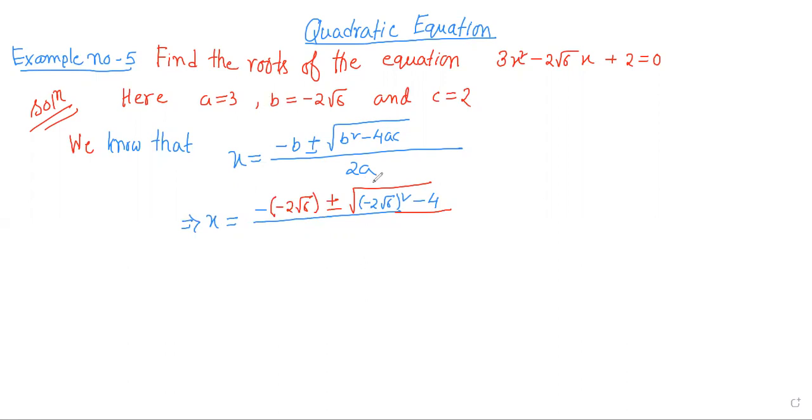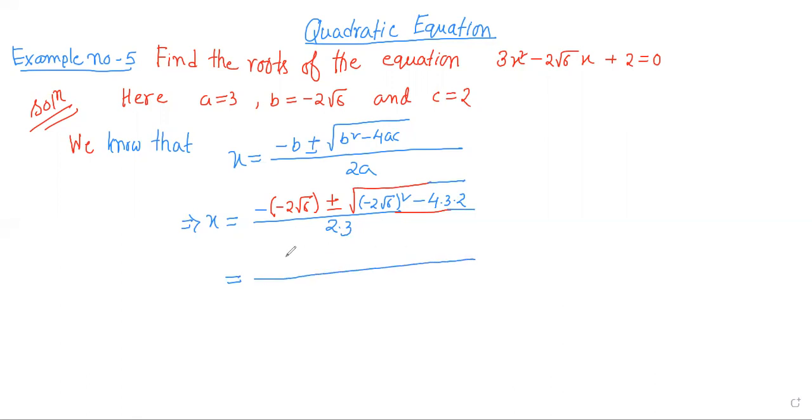What is the value of a? Is 3. 4 into 3. What is the value of c? Is 2. 4 into 3 into 2 divided by 2 into a. What is the value of a? It is 3. So now this will be minus into minus, it will be plus.